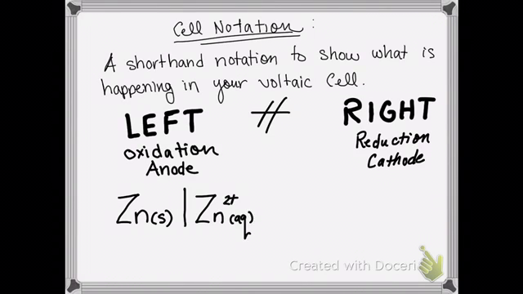He's aqueous. And then on the other side of the reaction, on the other part of this electrochemical cell, we had the copper receiving those electrons, right? So what we like to do is to separate the left from the right by a double line, something like that. And the copper started off as an ion in solution, correct?